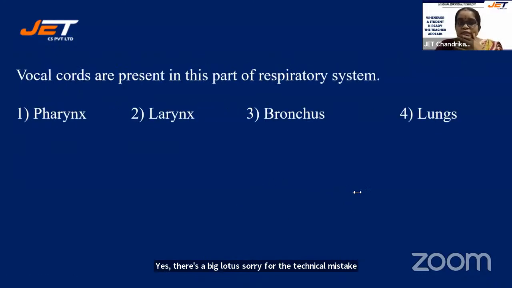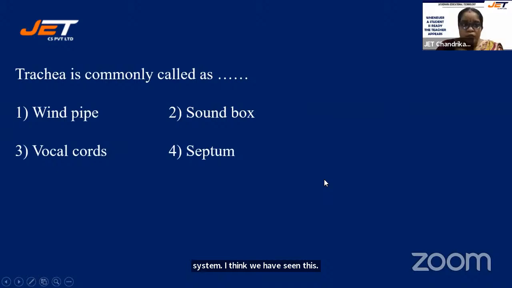Vocal cords are present in this part of the respiratory system. I think we have seen this. Yes, it is larynx. Let us move to the next one. Trachea is commonly called as.